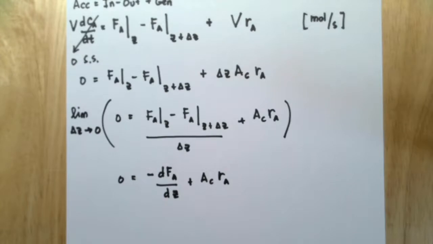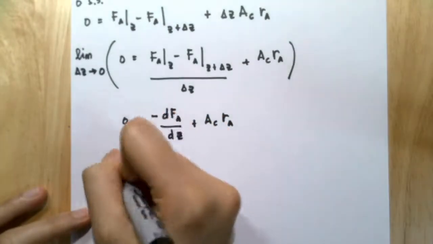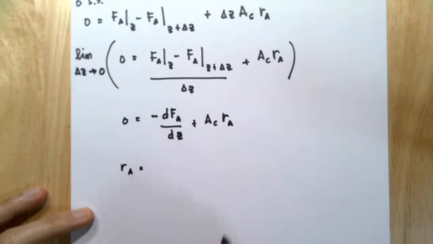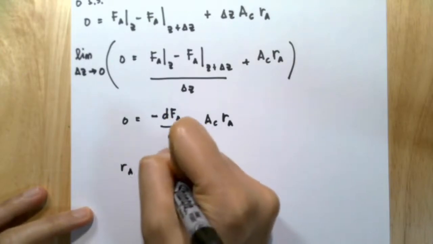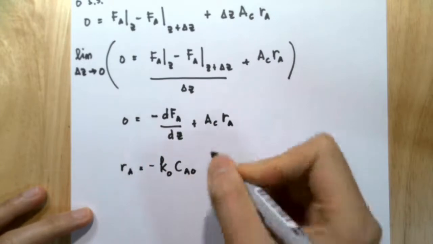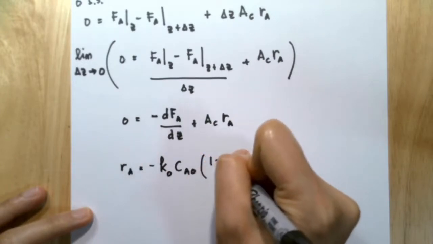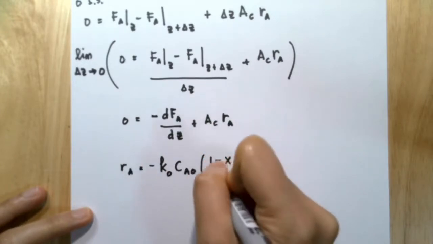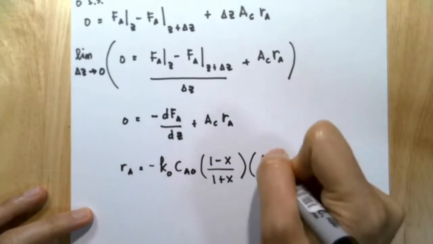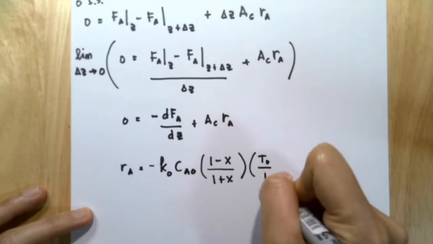We are given the rate expression RA in terms of conversion. RA is equal to negative K naught CA naught times 1 minus X all over 1 plus X times T0 over T.